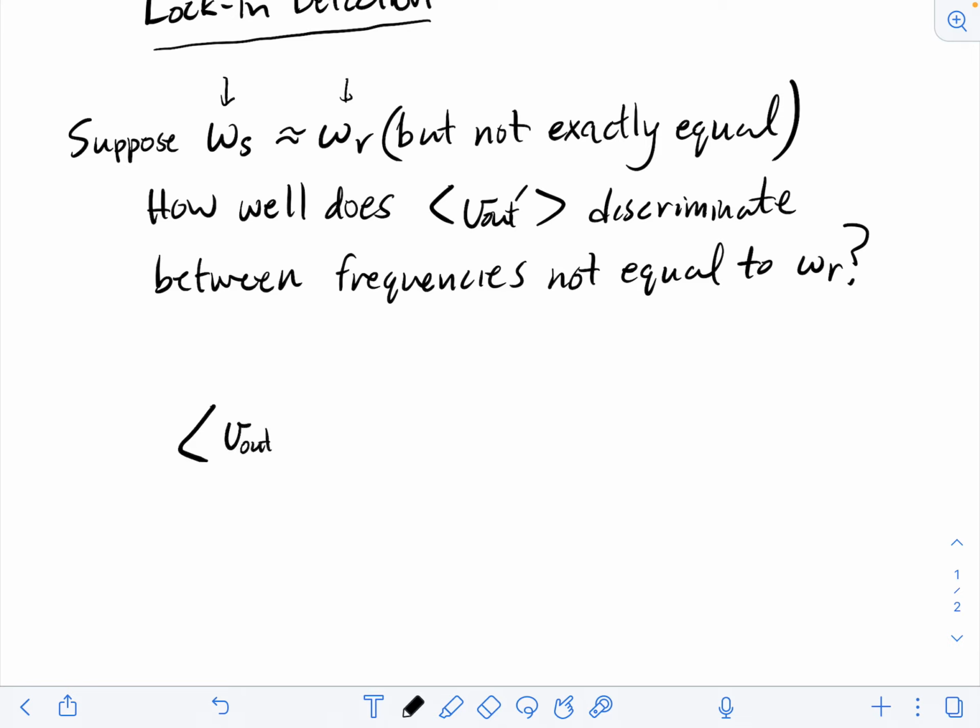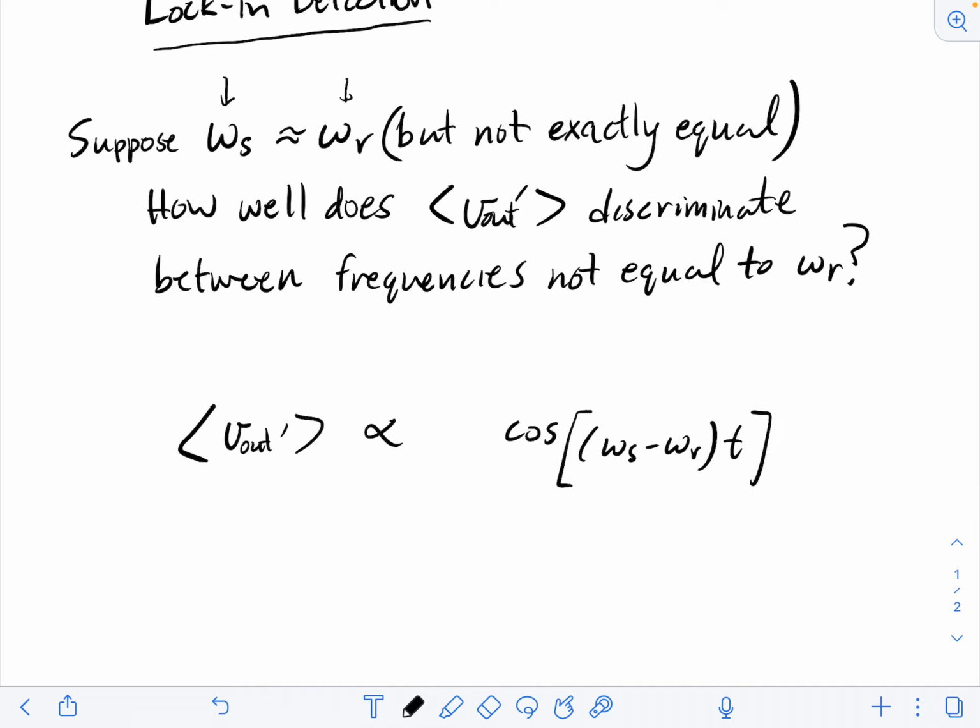Okay, so to answer that question, let's recall what this time average actually looks like. The V out prime was proportional to the cosine of the signal frequency minus the reference frequency. There were some phase factors, but for the purposes of this argument they're not important, so I'm just going to omit them.